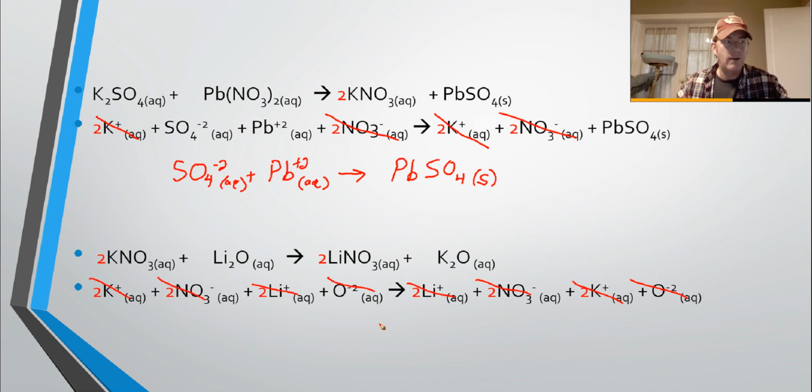It's just everybody sitting around watching nothing. This is not even a chemical reaction because nothing new happened. Everything's just still floating around in solution all over the place. Nothing locked up. Nothing new was formed. So, when everything is aqueous, you have all spectators, and it's not a chemical reaction.